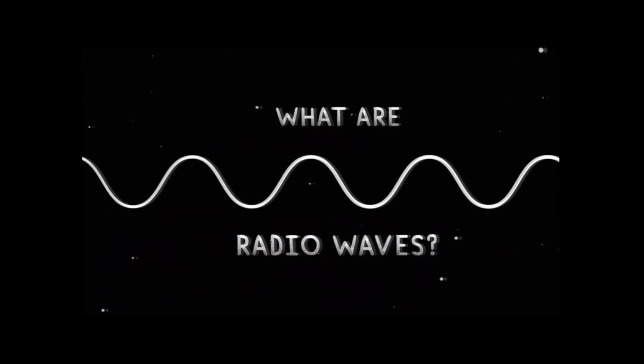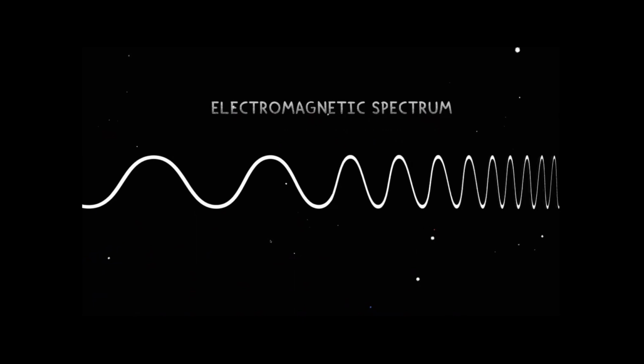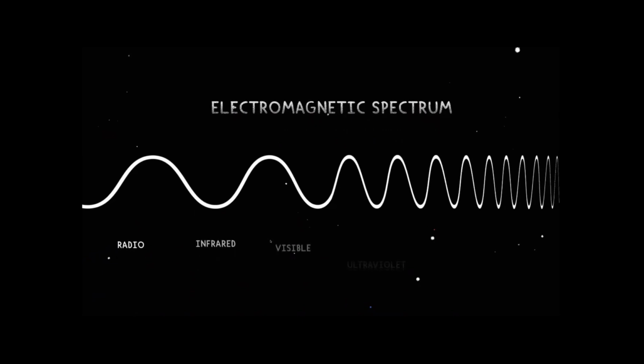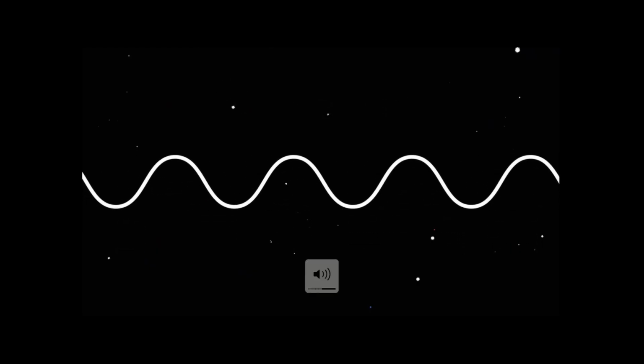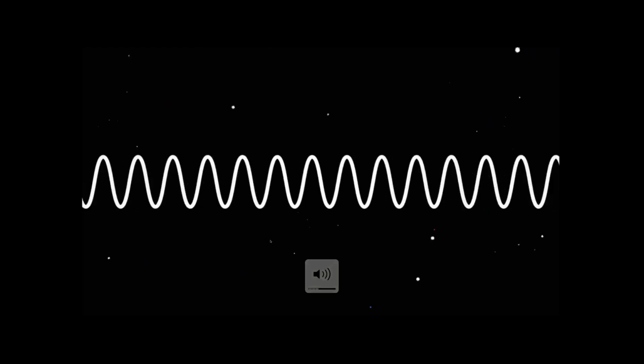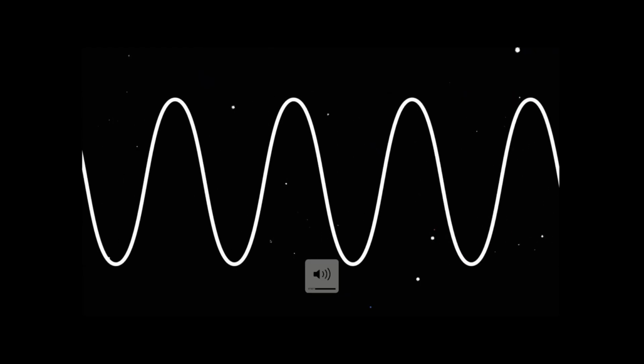But what are radio waves really? Well, to start with, you probably already know they're part of the electromagnetic spectrum, which includes other kinds of waves and light that you're familiar with. Electromagnetic energy is a type of energy that can travel through space as waves that have different properties, depending on the size and spacing of the waves.